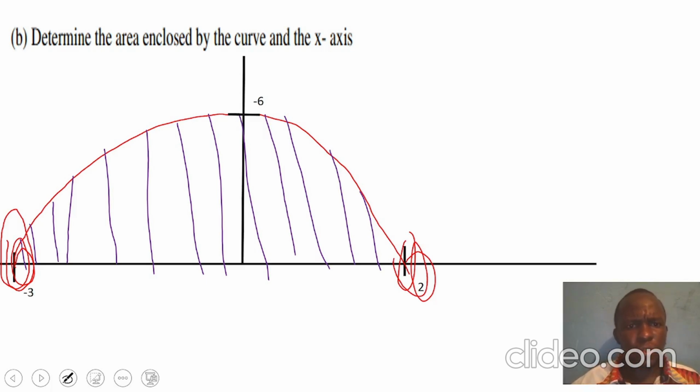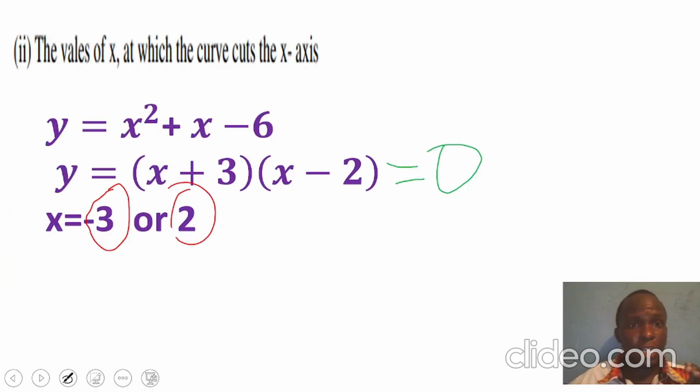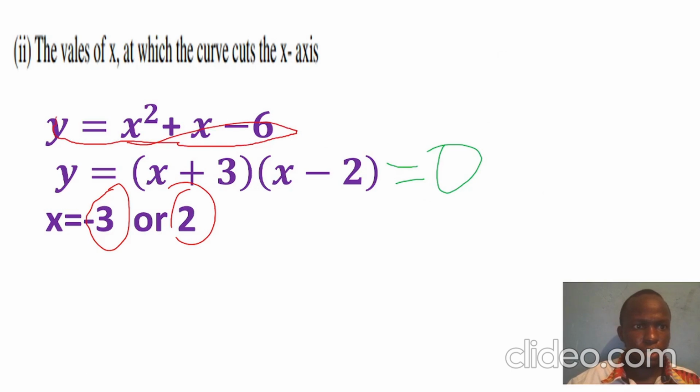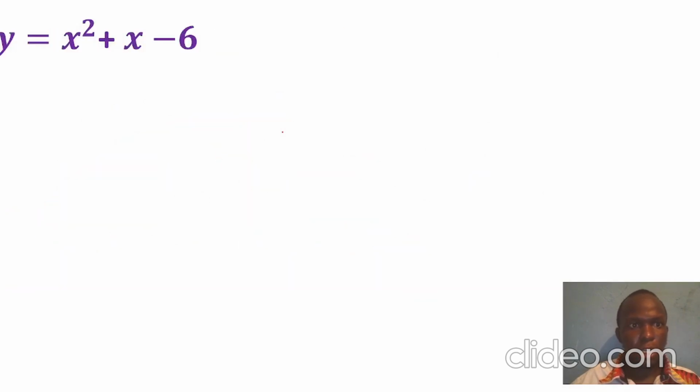So what we are going to do is an integration. Remember that when you are asked to find the area under a graph, you have to integrate. So we integrate what? We are going to integrate this function.